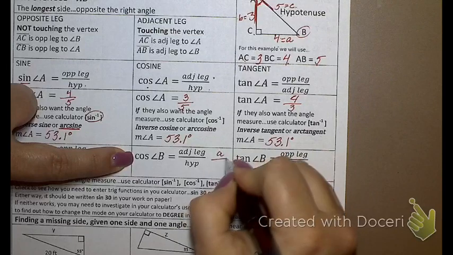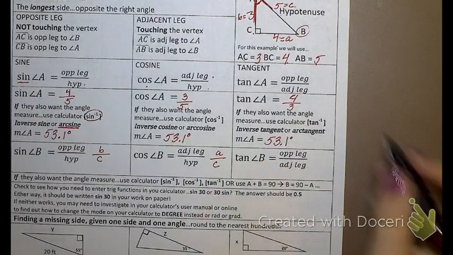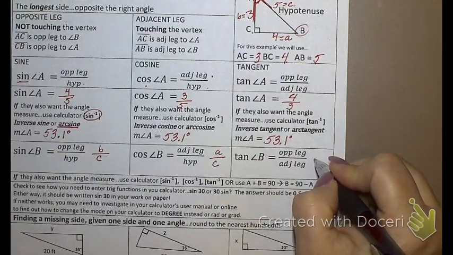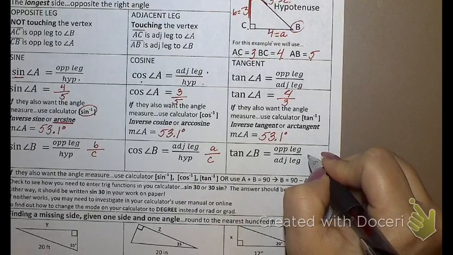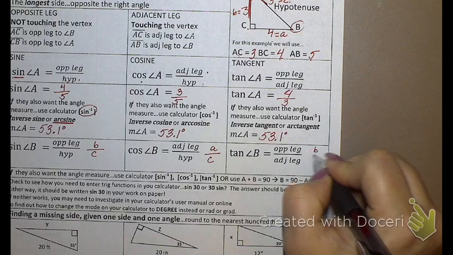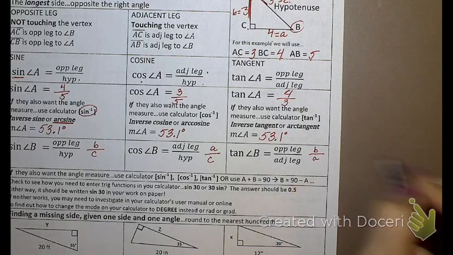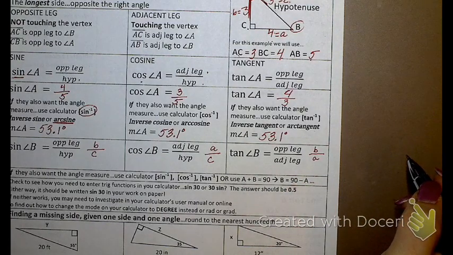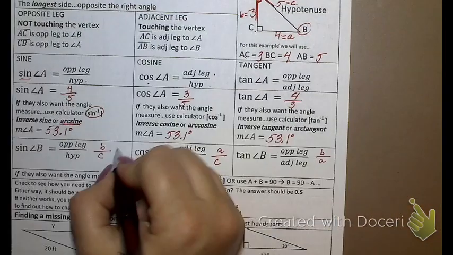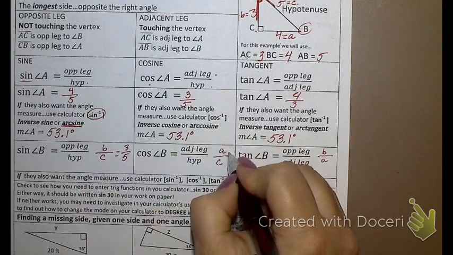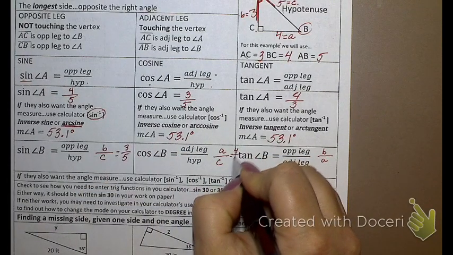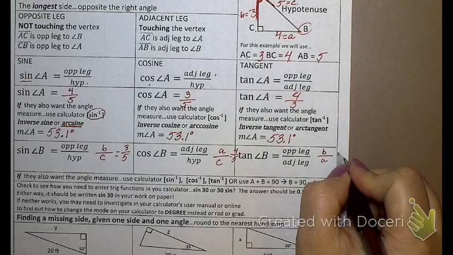Little a over the hypotenuse, which is c. And the tangent of B is opposite. What's opposite B? Little b. And adjacent? Little a. So that's how I would find those guys. Okay? And yes, you would go ahead and fill in the values. That would be 3/5. This would be, what, 4/5. And this one would be 3/4.